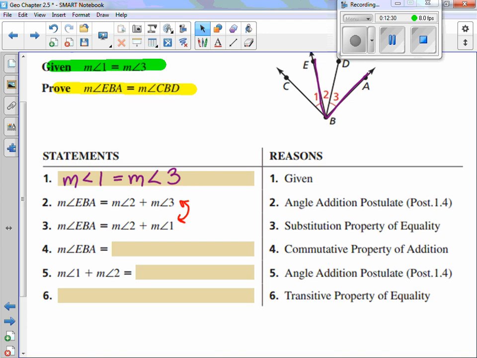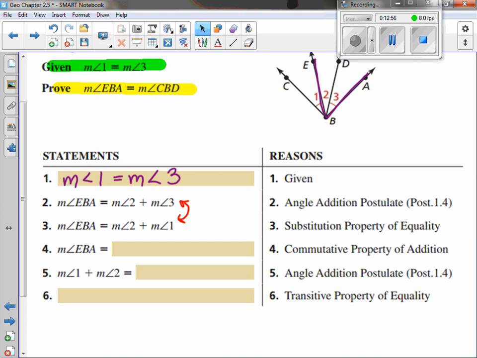Anybody see commutative property of addition? All right. I might have covered it up. Index. Reference. Commutative property of addition.